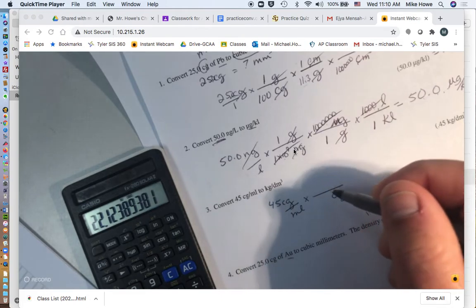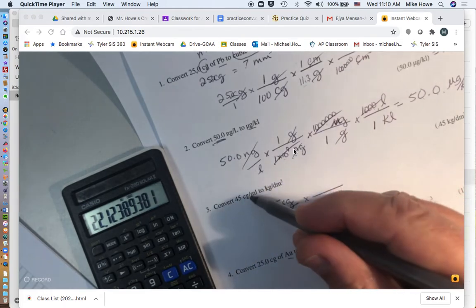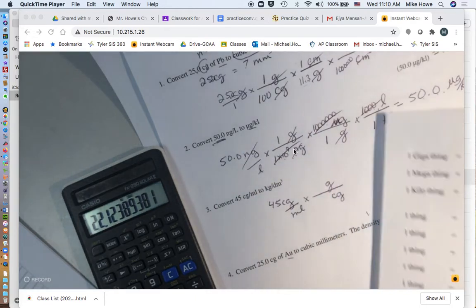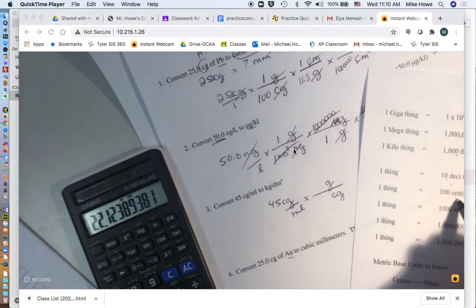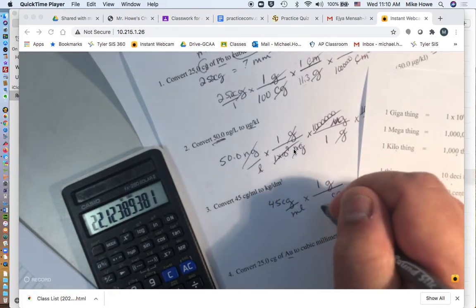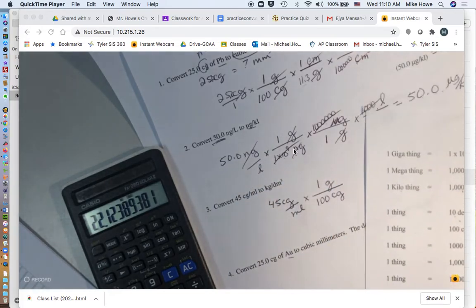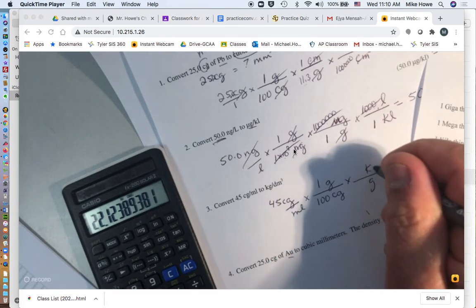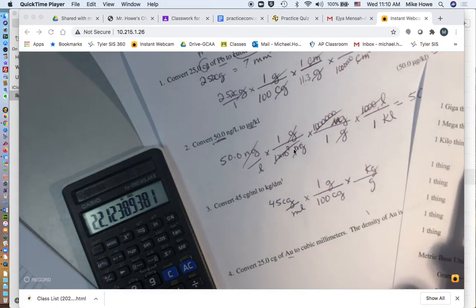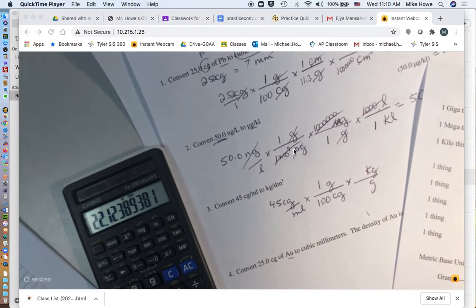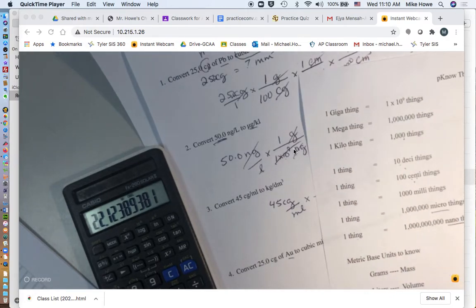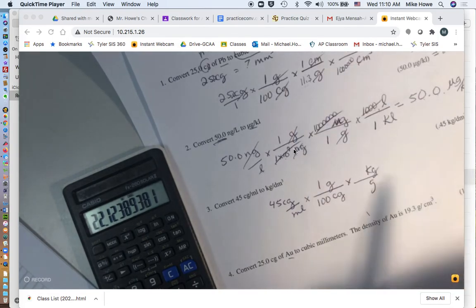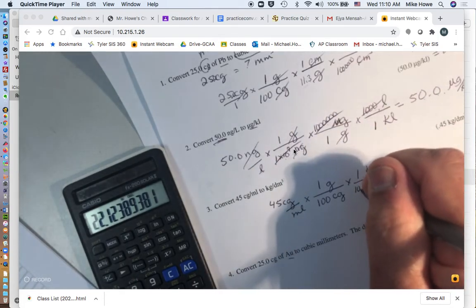Since I don't know off the top of my head the relationship between kilograms and centigrams, I'm just going to go to the base unit, because our things list tells us that 100 centithings is 1 thing. So 1 thing, 100 centithings. Put grams here, put kilograms here. Our things list tells us that 1 kilothing is 1,000 things.